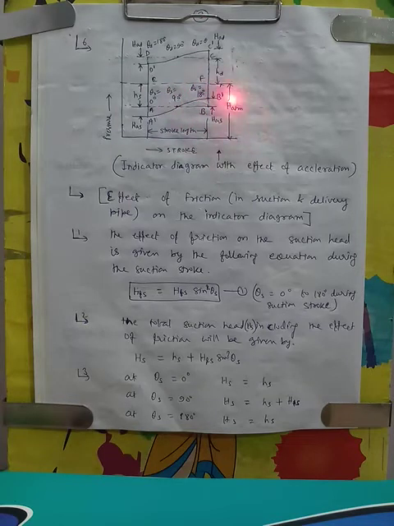Similarly, during the delivery stroke, at 0 degree, total head is HD plus HAD. Refer to the last page. At 90 degree it is HD, and at 180 degree it is HD minus HAD. So this much HAD I have subtracted here. Between these 3 points we have to draw the graph.